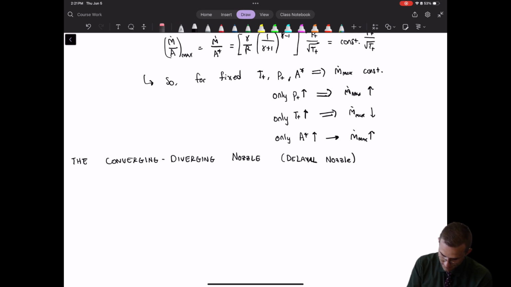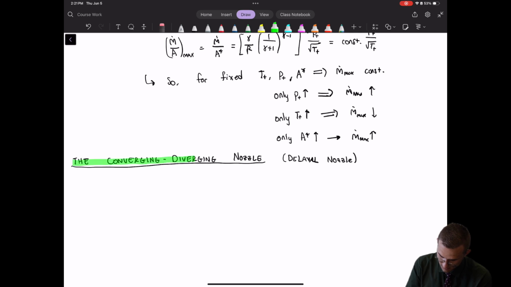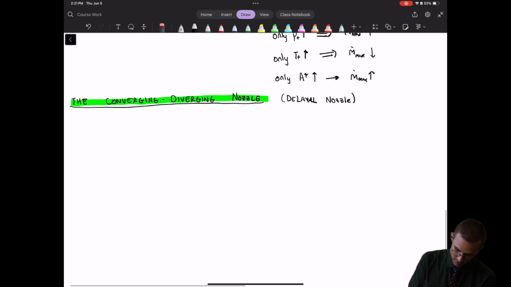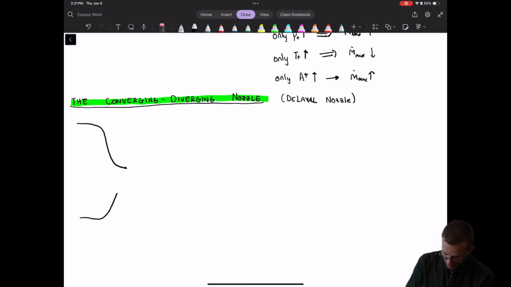Okay. So let's imagine we have this scenario, sort of like a big tank attached to a section that converges down.